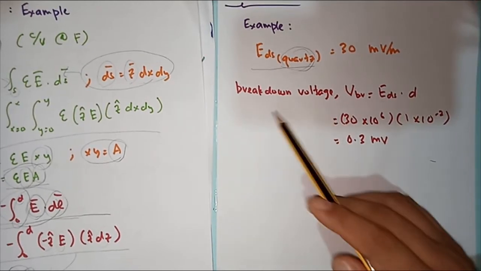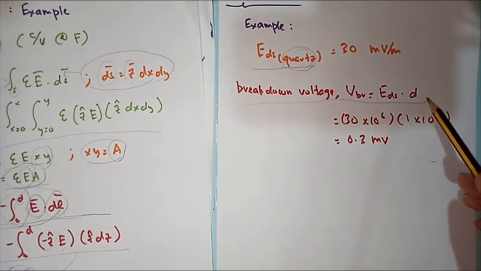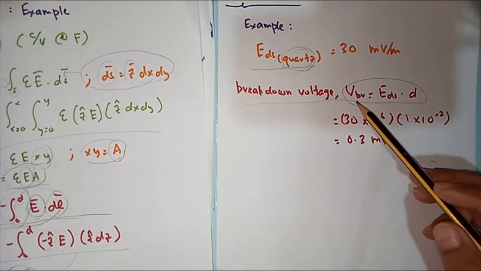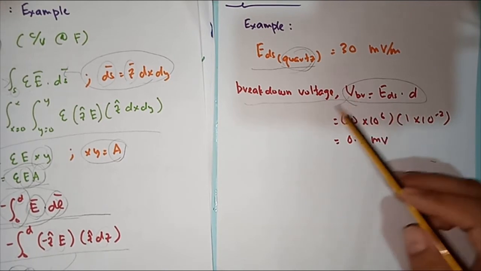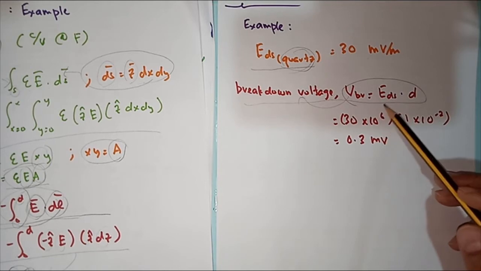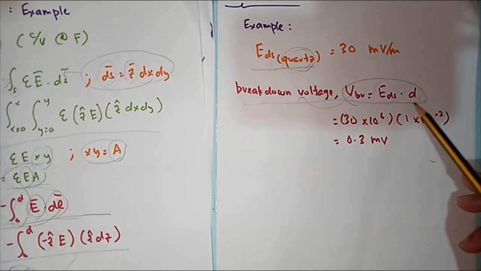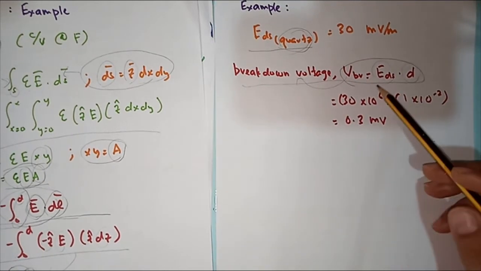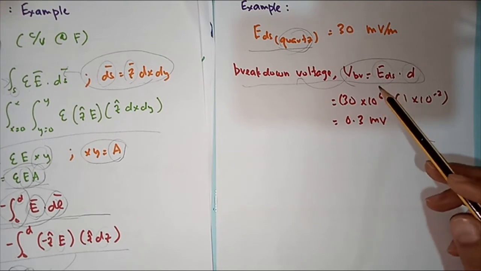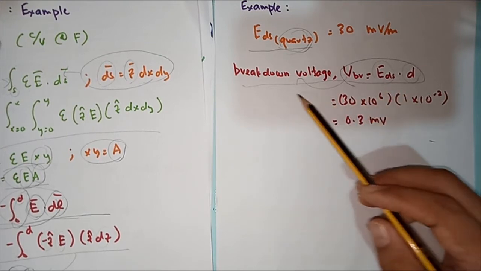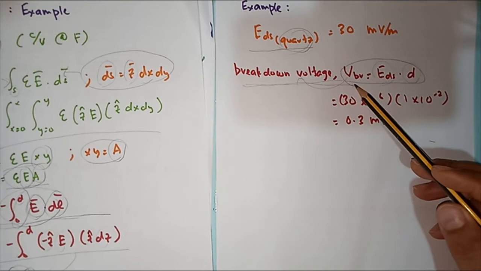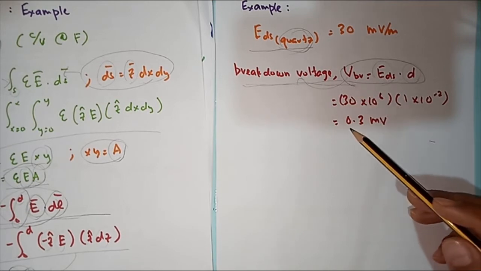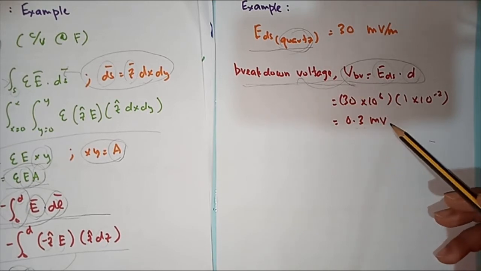So the breakdown voltage can be calculated by using this expression, where VBR, which represents the breakdown voltage, is equal to EDS dot D. By replacing with the values that we know, we have the breakdown voltage for this particular capacitor equal to 0.3 megavolt.